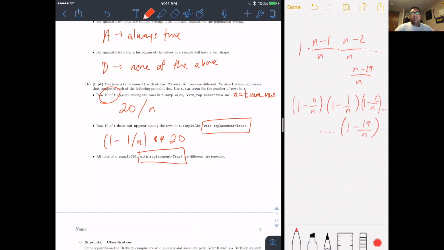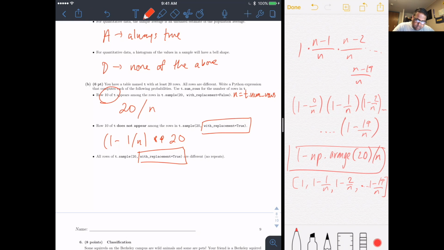So now how can we use our array operations to recreate this? Well, that would just be 1 minus np.arange 20 divided by n. So if we were to call just this line on its own, we'd recreate the array that we have above. 1, 1 minus 1 over n, 1 minus 2 over n, so on until 1 minus 19 over n.